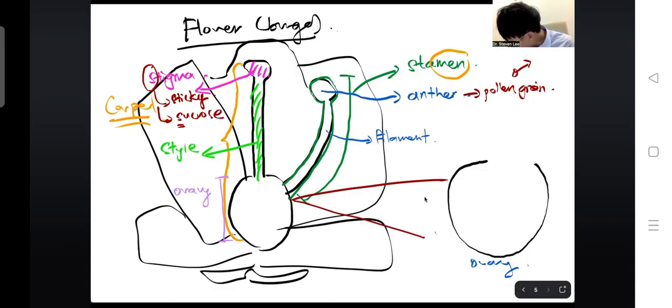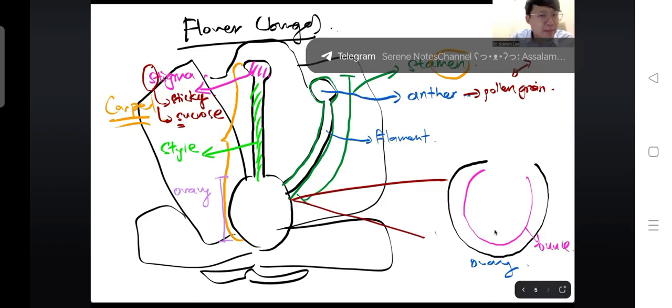Draw a second layer. In your syllabus, they usually draw the ovule very big, but it's not necessarily so big. It depends on the type of fruit. If you remember what I told you just now, which part of the flower does the fruit come from?